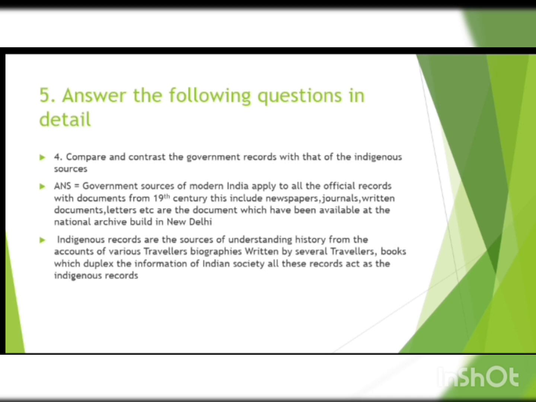Indigenous records are the sources for understanding history from the accounts of various travelers, biographies, and books which explain the information of Indian society. All these records act as the indigenous record.